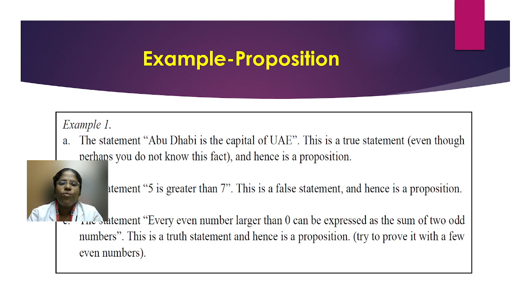Next, 5 is greater than 7. This is a false statement. Even though it is a false statement, there is a truth value here. This is also a proposition. The next statement, every even number larger than 0 can be expressed as the sum of two odd numbers.